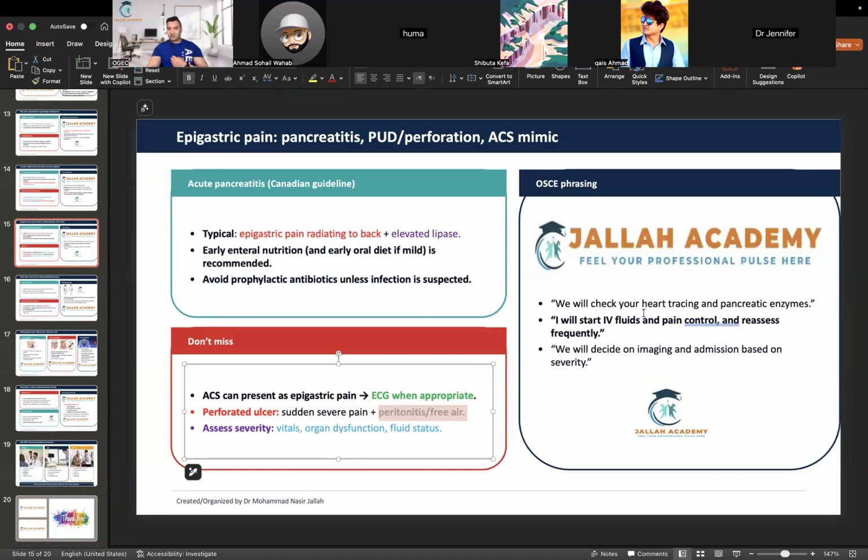So I have to check the ECG to rule out, for the elderly, at least lower MI. Okay. And I check for the lipase as well because if it is abnormal, it is more likely to be pancreas. But if the ECG is abnormal, it is probably the heart. I will start the IV fluid and pain control and reassess frequently. We will decide on imaging and admission based on severity.